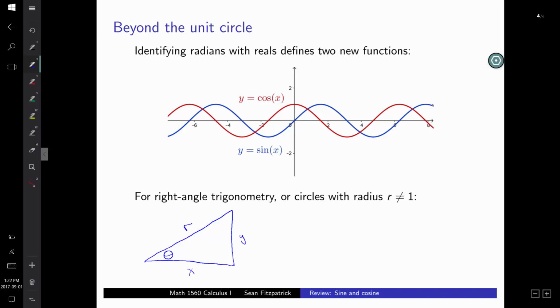This is my x. This is my y. So in general, cos theta is going to look like x over r. Sine theta is going to look like y over r. So you might see a few situations where you've got to deal with that, but for the most part, we are thinking of these as functions of a real variable, and we are thinking of them as functions that are defined using coordinates on the unit circle.